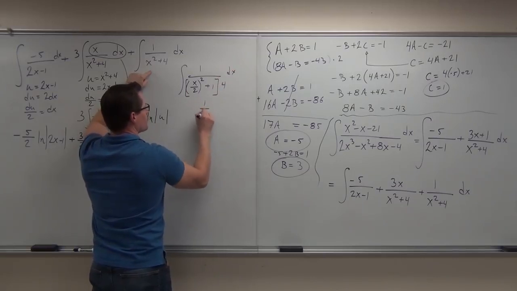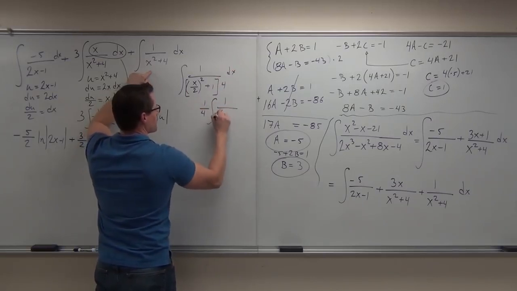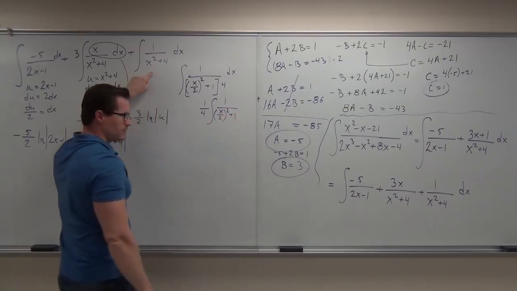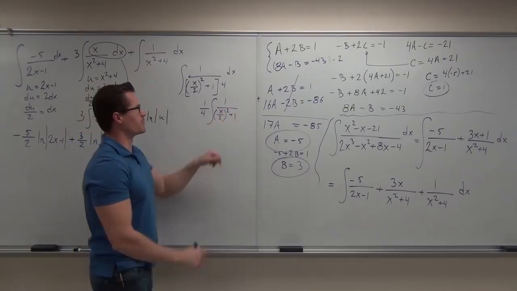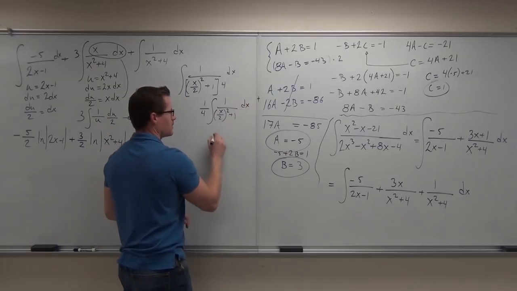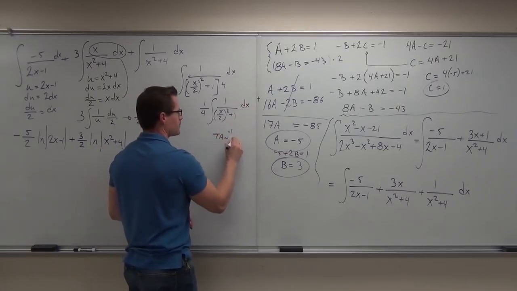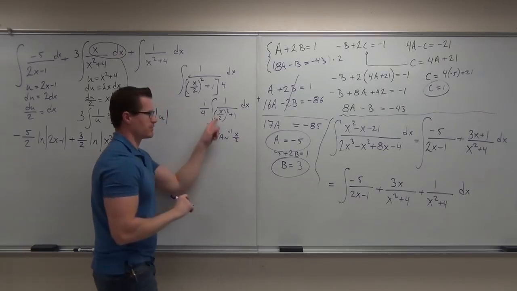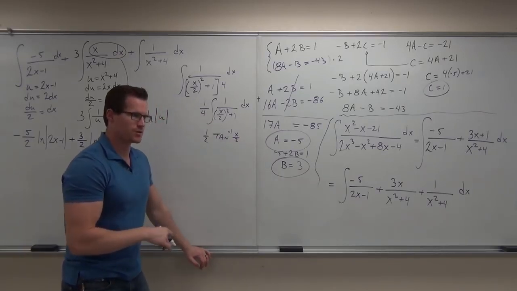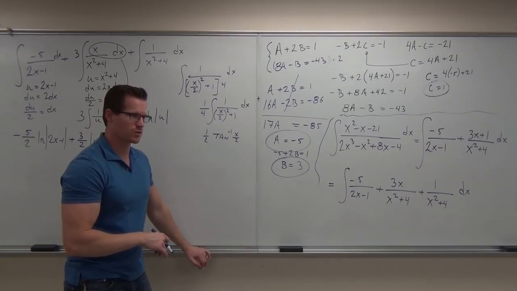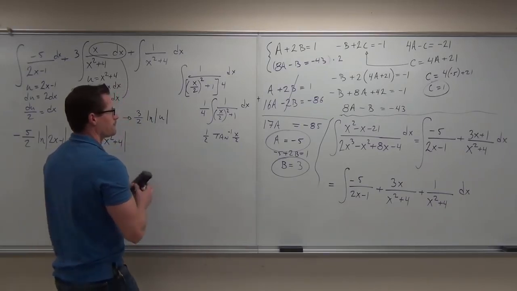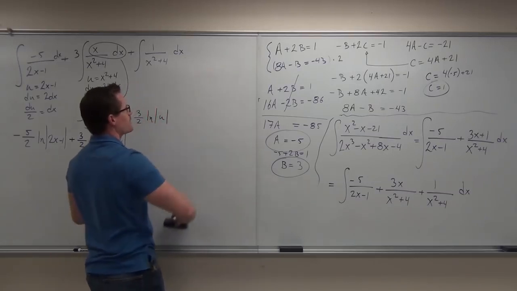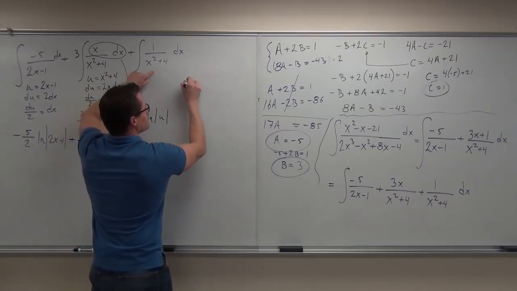That would be 1/4 the integral of 1 over (x over 2) squared plus 1. And then you realize that's tan inverse. And you go, oh, look at that. That's tan inverse of x over 2, times 1/2, because you have a little u sub over there. You can do it that way. If you didn't catch that, don't worry about it so much. I'll show you a different way. Hope that's right, by the way. We'll see. My constant might be off. Here's another option.